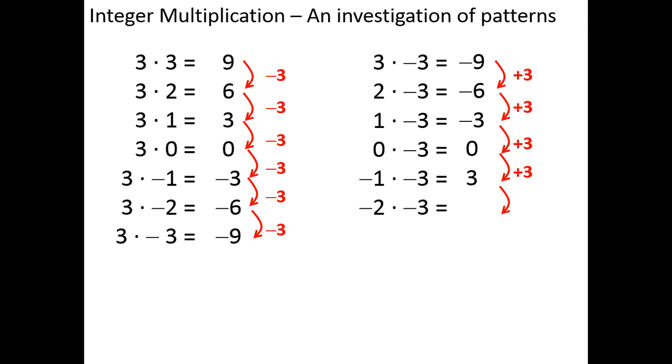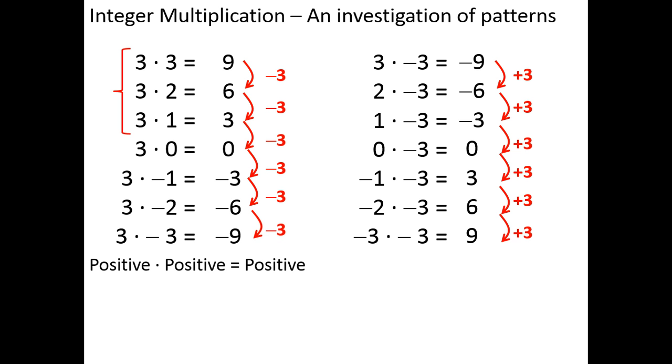And if we continue these patterns, we'll get some more multiplication facts that involve multiplying 2 negative numbers together. So let's take a look at what's going on here. The first 3 problems we have involve a positive number times a positive number, and the result was positive.